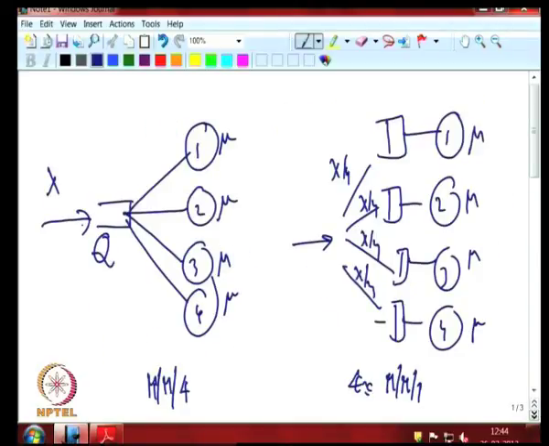remember that for separate queues, right, you have lambda by, here I have set 4, but actually I am doing MM2 there. Okay. So it is lambda by 2. So the actual rate at which things are coming is lambda by 2 for MM2. This MM4, therefore I divided by 4 here to make sure that the rate is same for everybody. Okay. But if I am using MM2, then lambda by 2 will be there. Okay.